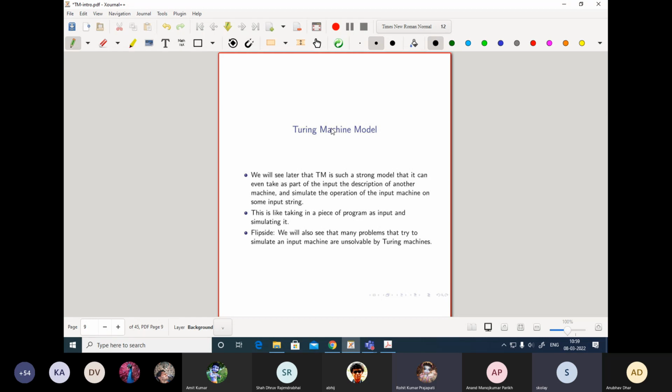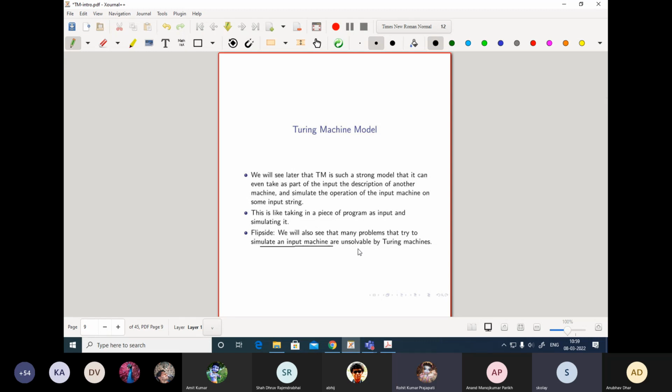But we will also be using this particular fact about Turing machines to show that there are certain problems, and the key feature of these problems will be that they try to simulate some input machine, and these problems will be unsolvable by Turing machines themselves.